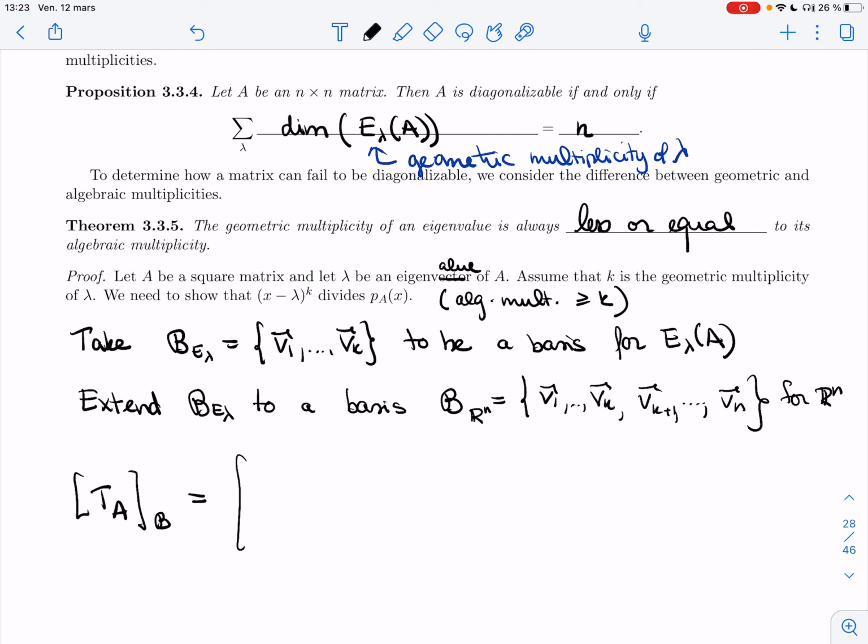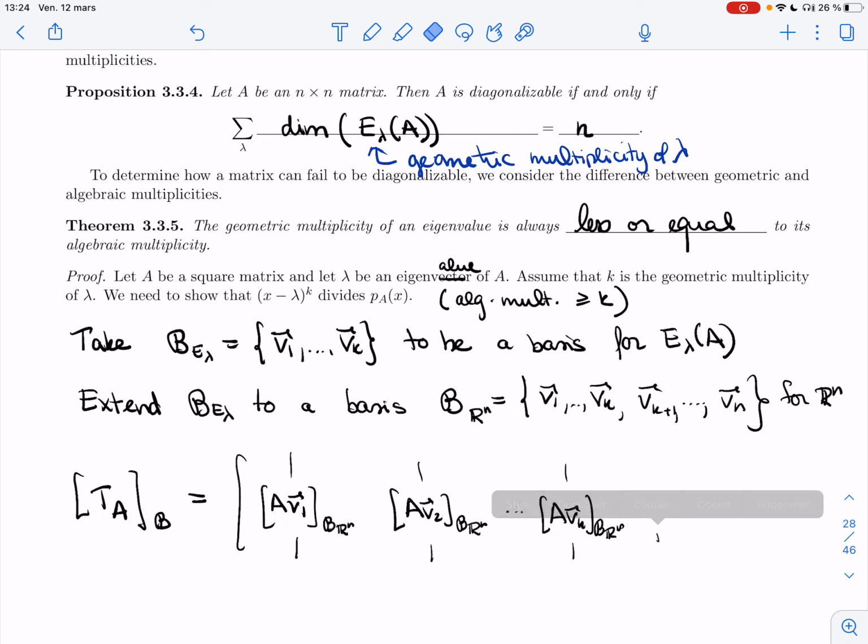For this, I apply T_A to v1, so I get Av1, and I want to write this in terms of my basis B for R^n, then Av2 in terms of my basis B, and so on up to Avk in terms of my basis B, and then the rest doesn't really matter. So this part will be a bit random.